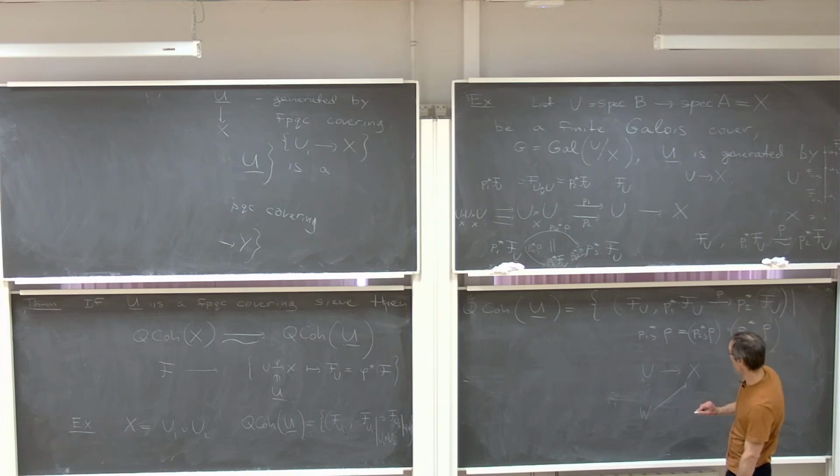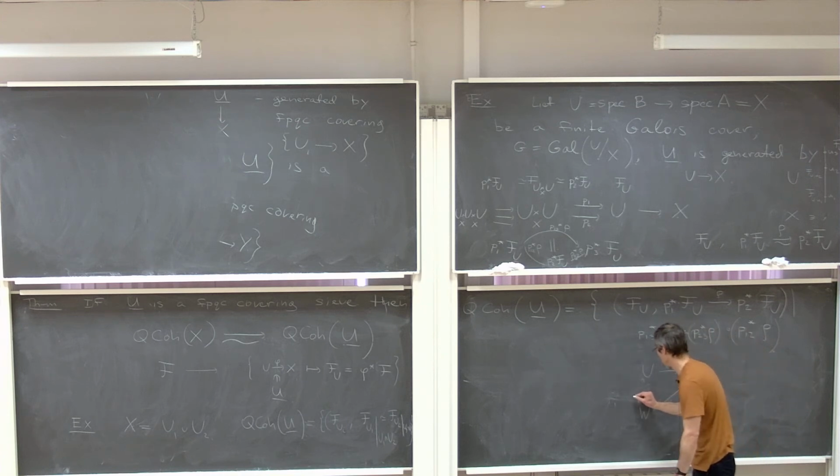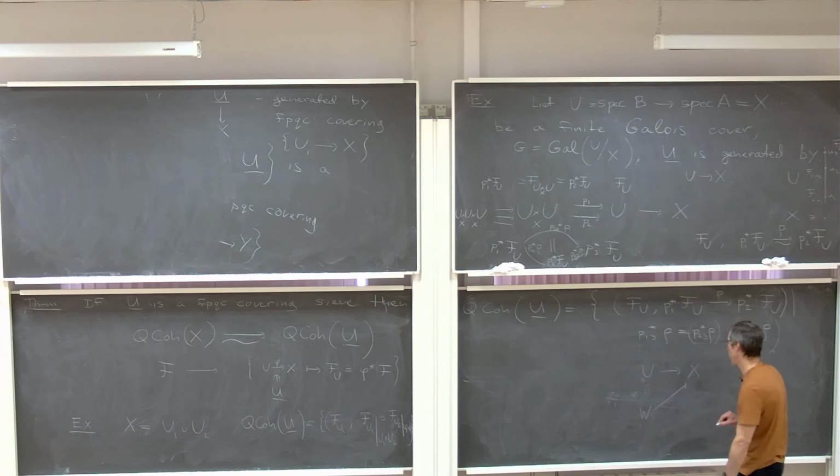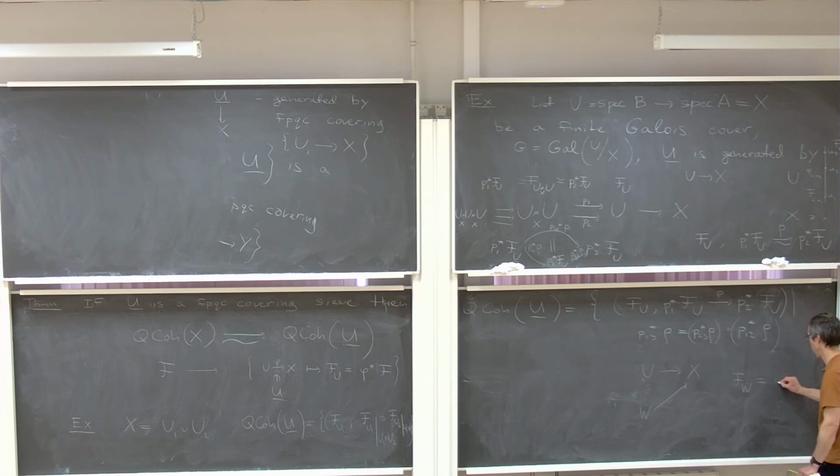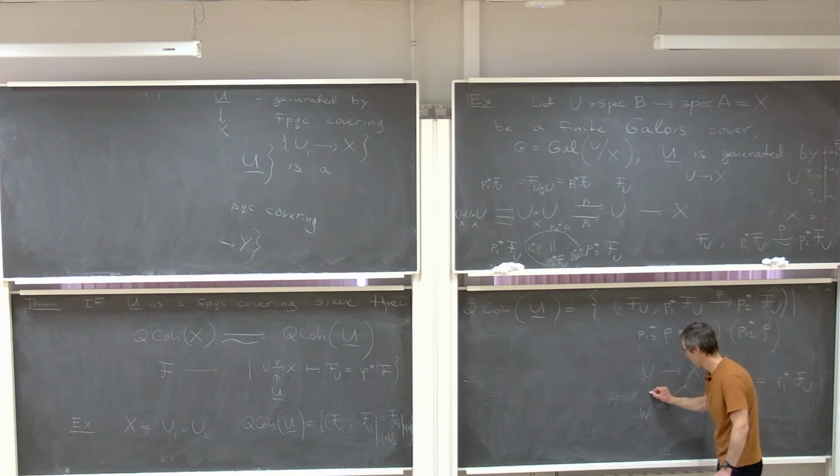Okay, so once I choose this map, let's give it a name, say phi1, I can define F_W to be phi1 upper star of F_U. That's very good, but it's not yet well defined because there could be two maps that make this diagram commutative.